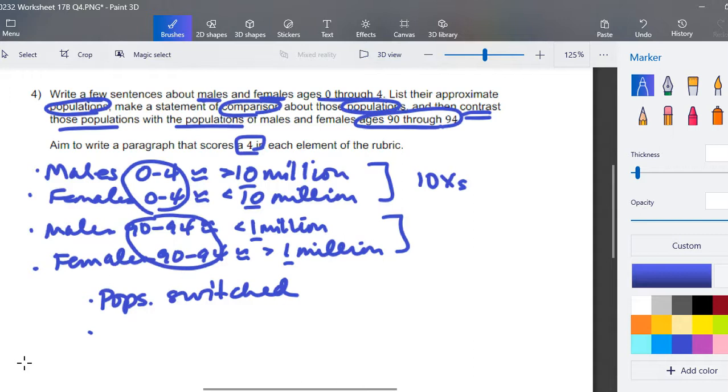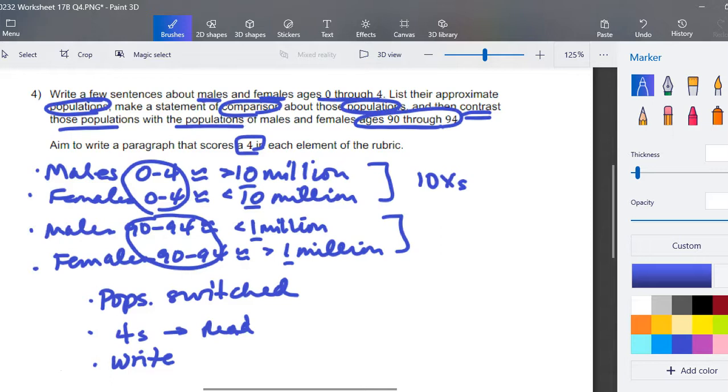But right now, I want to go look at all of the 4s. I want to read those and get them in my mind, and then let's write an answer that follows the 4s. So just reading on the rubric, all of the 4s. The first one: we want our mathematical evidence and conclusions to be correct and clearly communicated. So I think we're on a great start. We've got correct evidence.